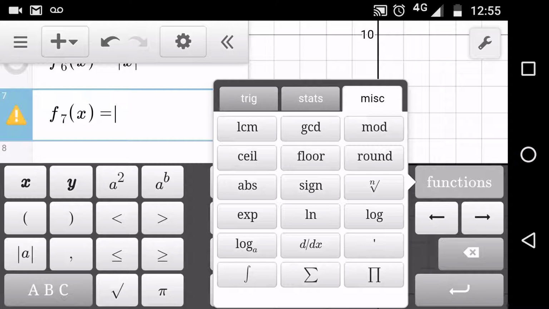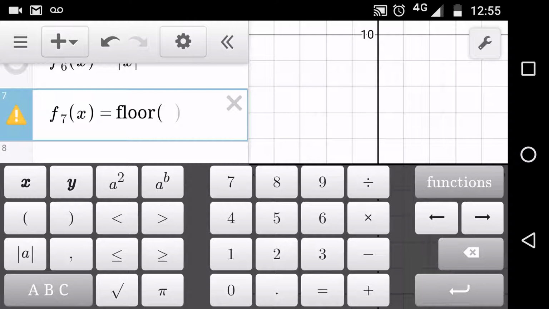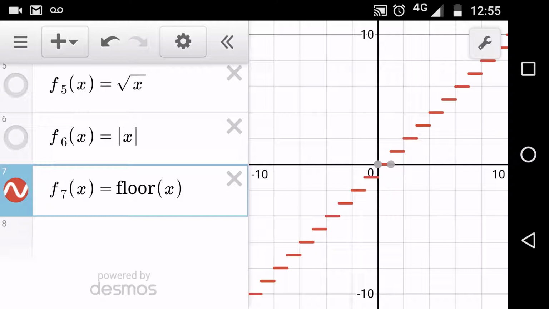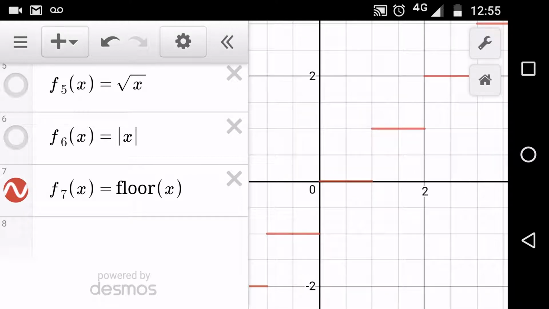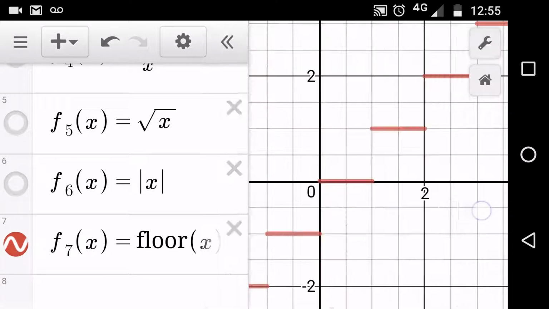Now, one of the functions that we want to talk about is called the floor function. And what this floor function gives you is an integer that is right below the real number that you are working with. So if I take the floor function of x, what I get is a very interesting graph, because what this function does is just take the integer part of your number.